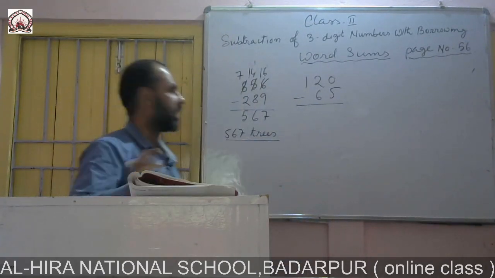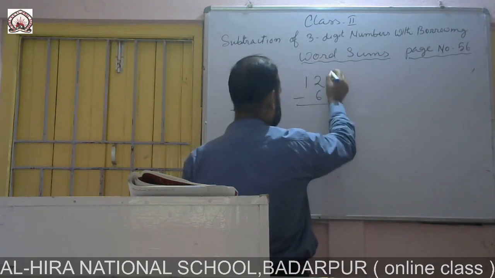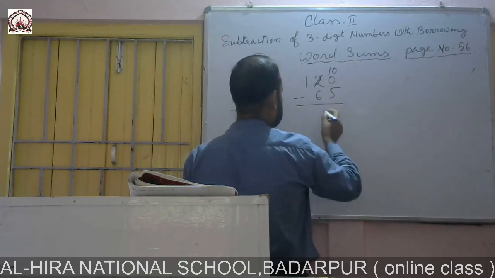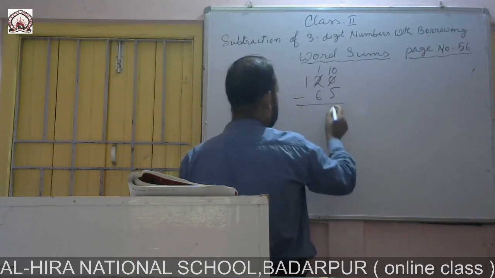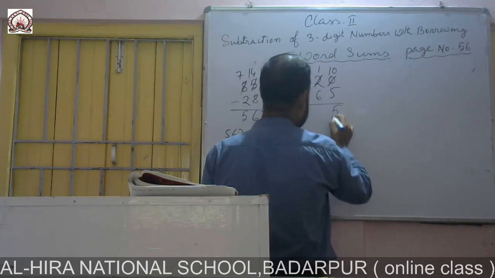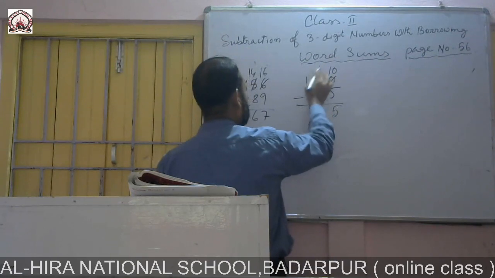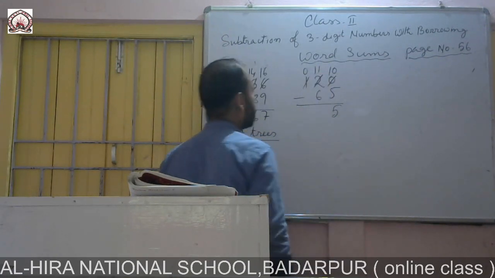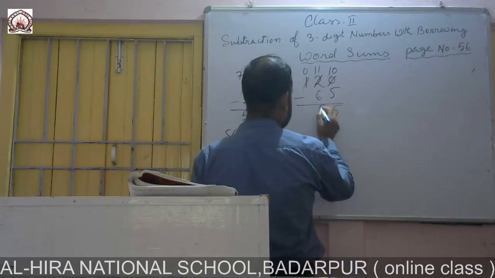120 minus 65. So 0 minus 5 can't, then borrow 1, then there is 10. 10 minus 5 is equal to 5, and there remain 1. This 1 we borrow from there, then there remain 0, then it is 11. 11 minus 6 is equal to 5.